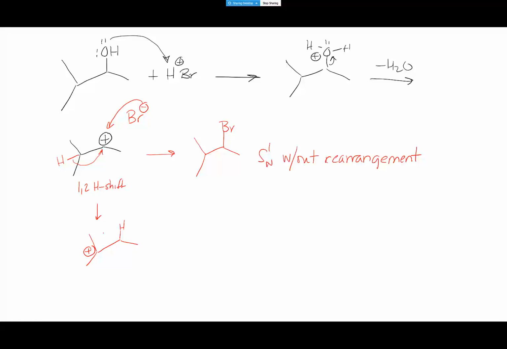And then you add the bromine. So that would be the SN1. If your Br minus comes in and adds to that carbocation, this is now the SN1 with rearrangement.